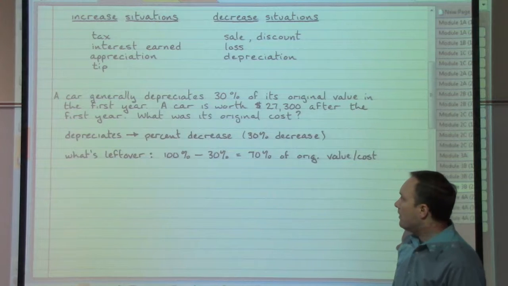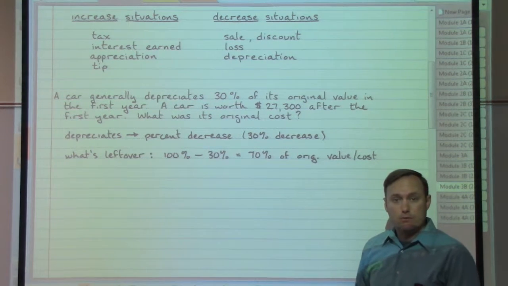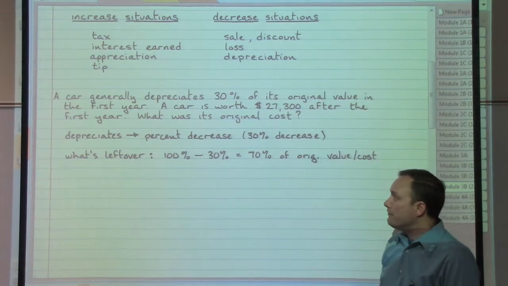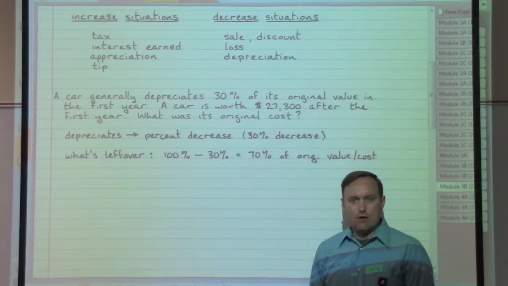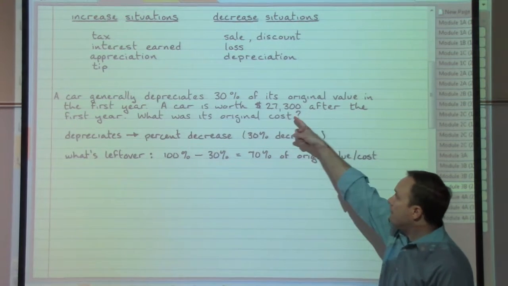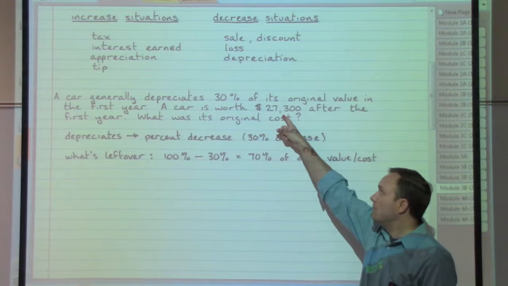A car is worth $27,300. That's a value after the first year. Okay, so original value, day 0. After the first year, so day 366.